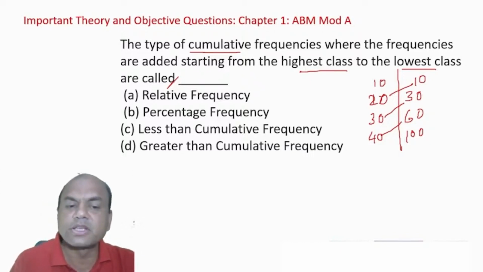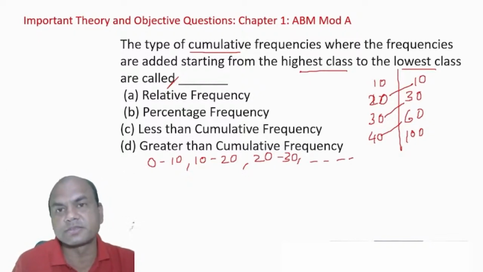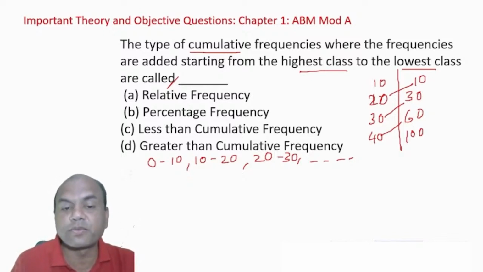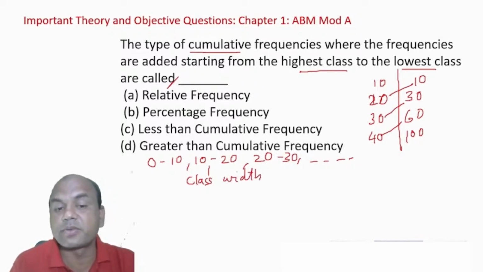For example, 0 to 10, then 10 to 20, 20 to 30, and so on. I go on arranging this. So this is known as a class. Each one is a class, and this difference is known as the class width. Remember this.